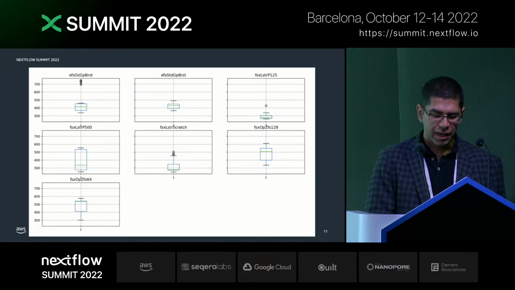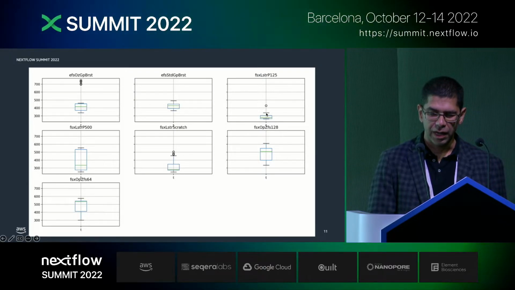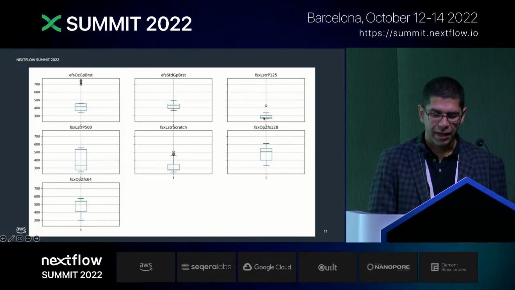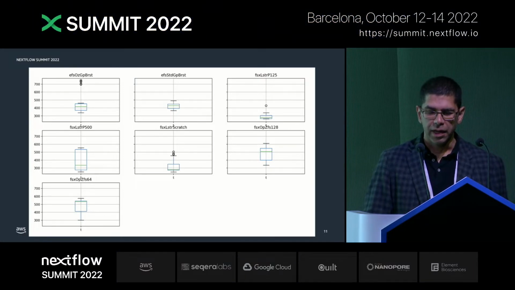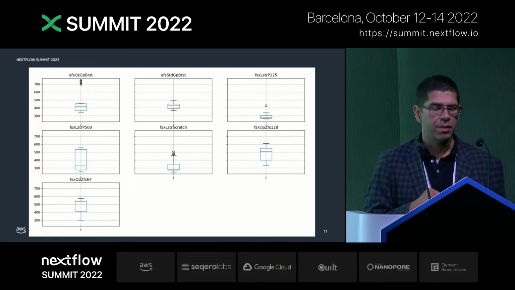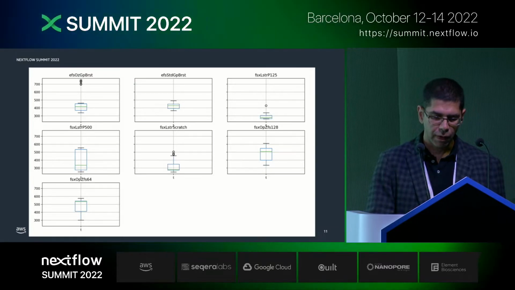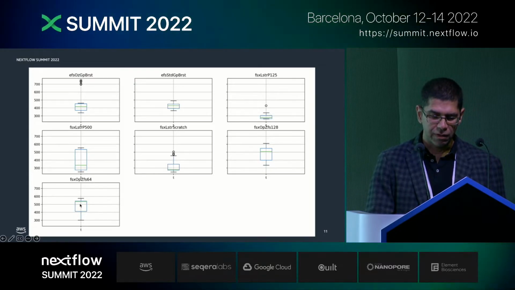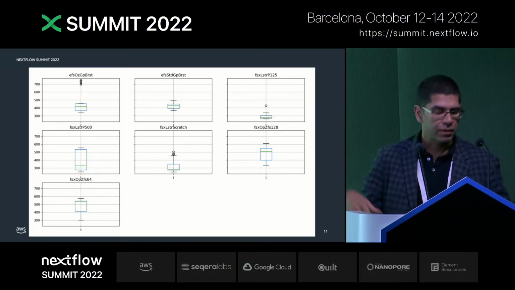So the FSx 500 megabits per second should look a lot like this guy here, except tighter. So it was a little bit faster than the default 125 megabit per second Lustre, which is also Scratch, right? And then OpenZFS, you can see, has a large variability for result times.